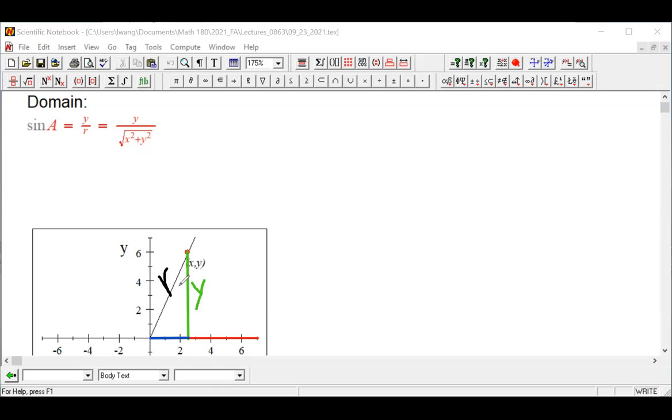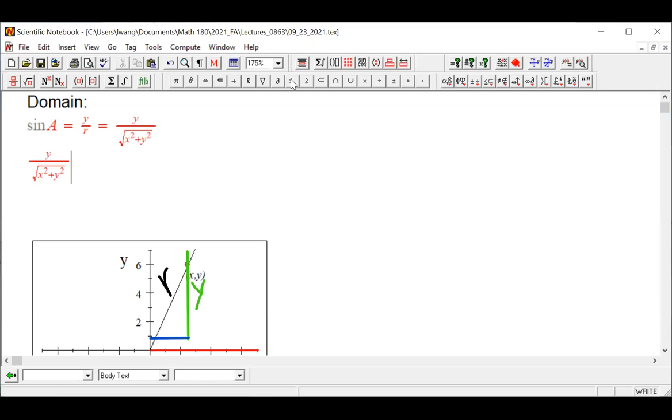But as a result, this fraction is always less than or equal to 1, larger than or equal to -1. Do you agree with me?